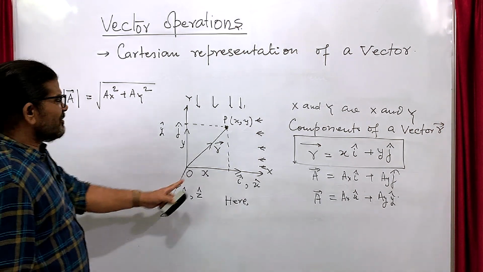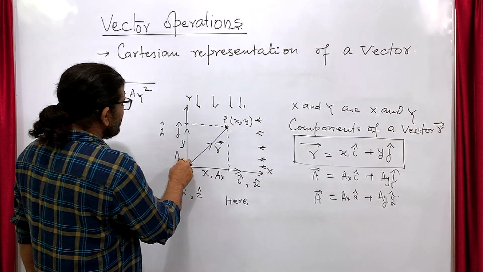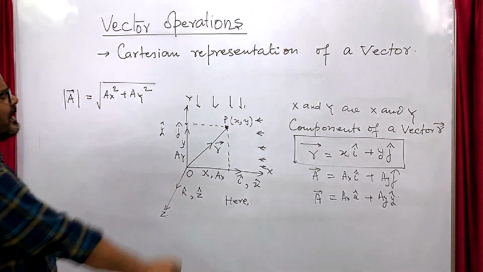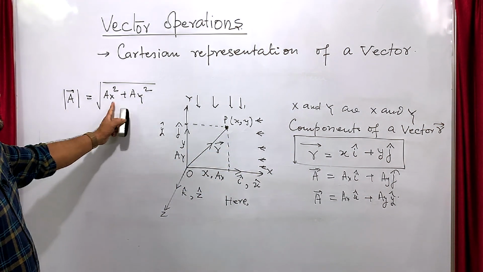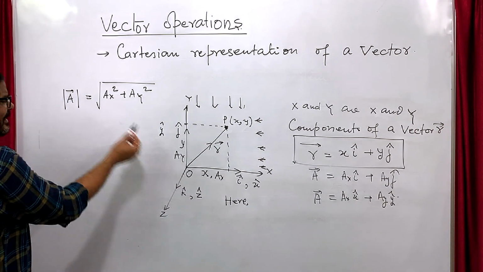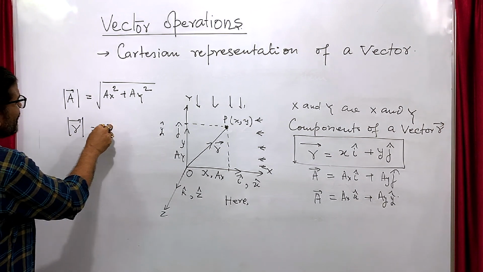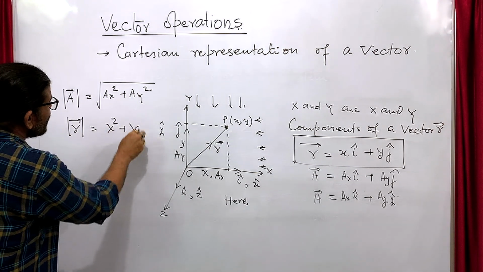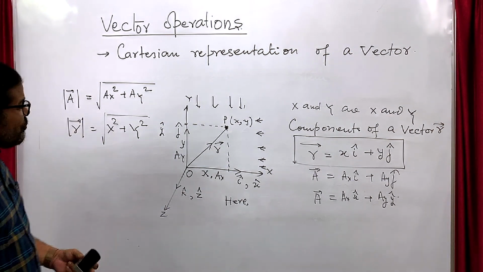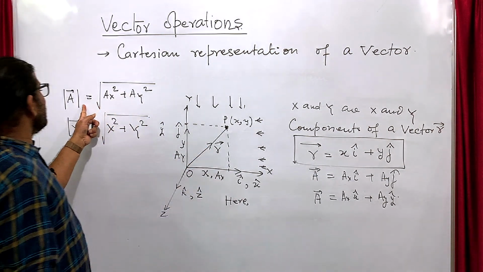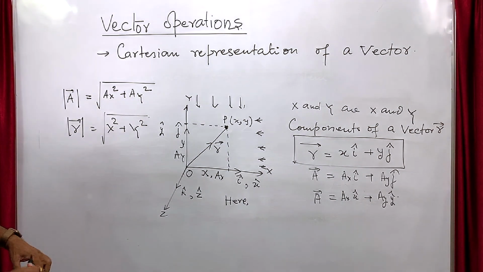Yes, you can apply Pythagoras also, or write ax square plus ay square. If you are representing the r vector, the magnitude will be equal to the square root of x square plus y square. So the magnitude of vector a can be represented or measured by this, as you have also seen.